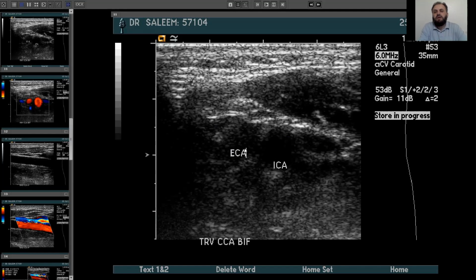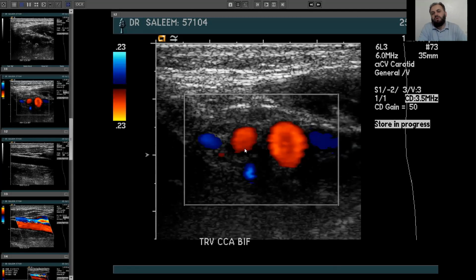Let's put color on it because the gray image may not be so clear. Let's put color to see if there is any pathology. If we look here, my ECA is smaller in diameter, the lumen is not that big, and the ICA is big. That's why we can tell that 70 to 80% of the blood flow from the CCA goes to the ICA, and only 20, 25, or 30% of the blood flow goes to the ECA.